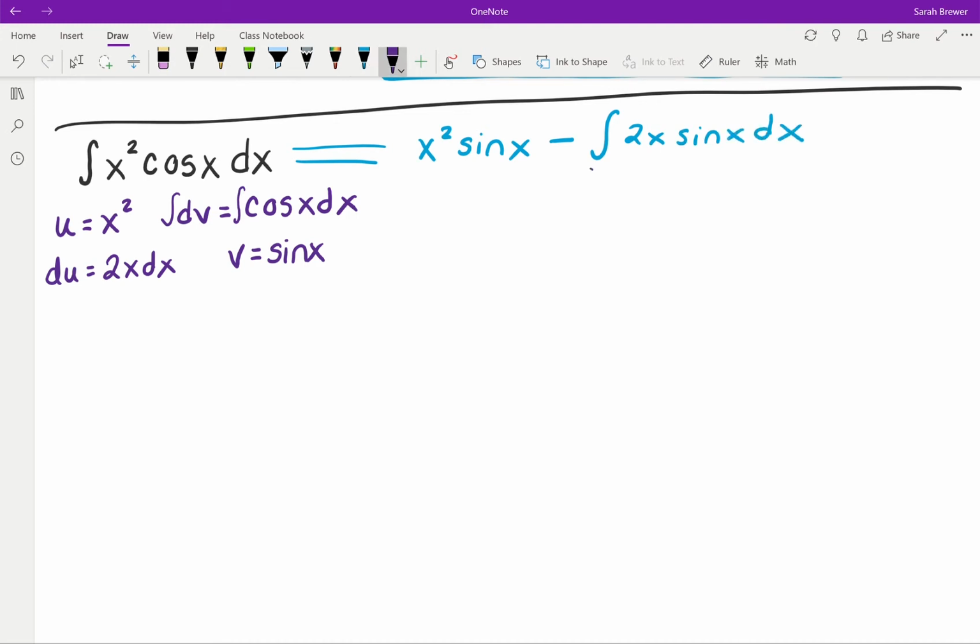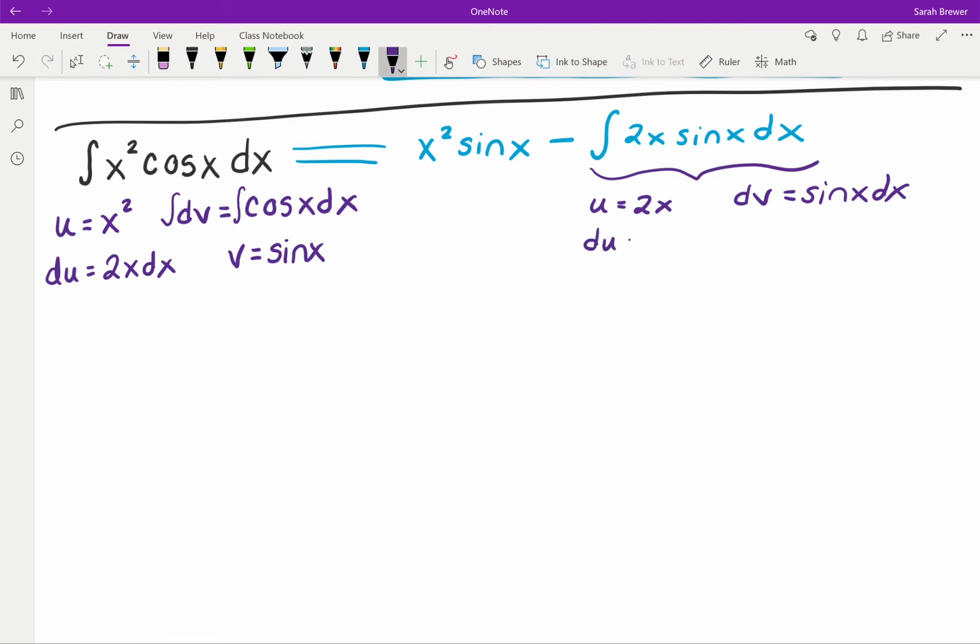So now we have to integrate by parts again. Again, I'm going to let my u be the monomial part, and I'm going to let dv be the trig part. I could have paired the two with either one, it doesn't make a difference.